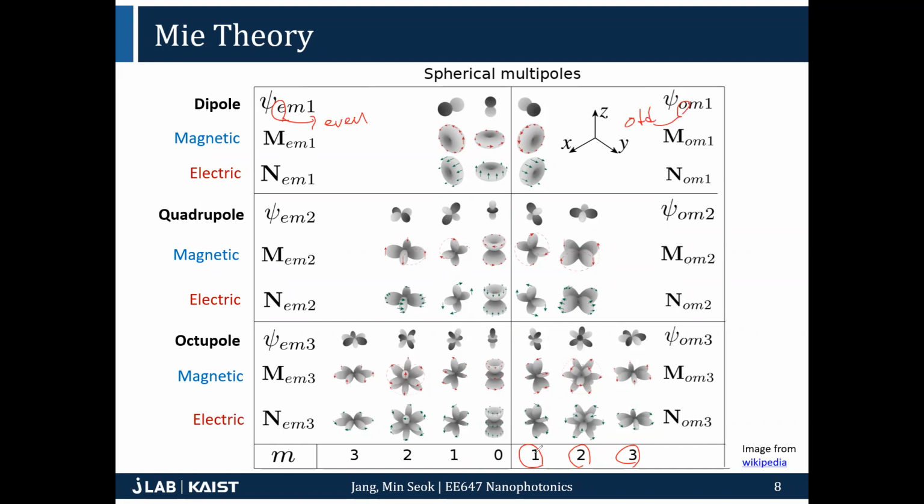So it's the same M, but as I remember, the theta component here takes cosine theta, and this psi has sine theta terms. That's why you have a different form for the same M's. But yeah, that's the case.